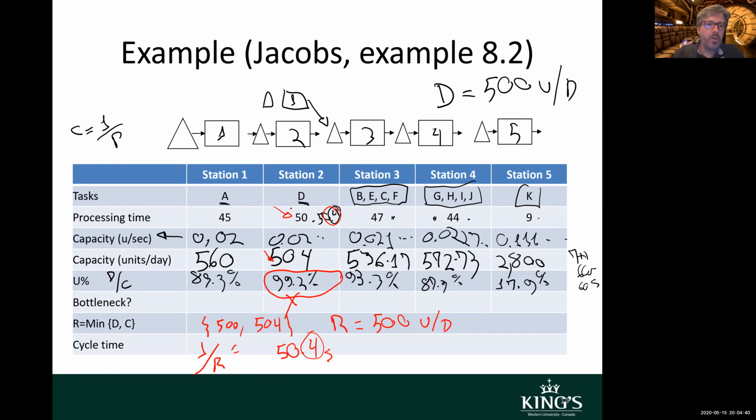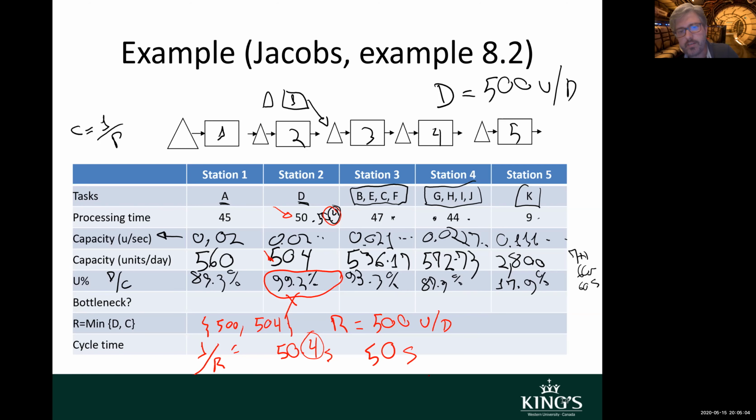So my flow rate, therefore, should be related to these things. All I'm showing you right now is that by looking into what the demand looked like, 500 units per day, I can then work my way backwards into my process, right?